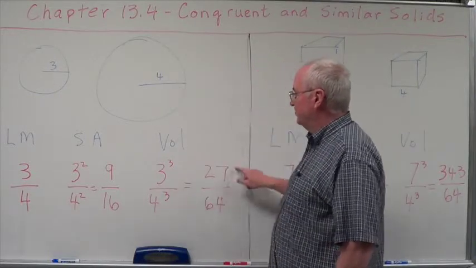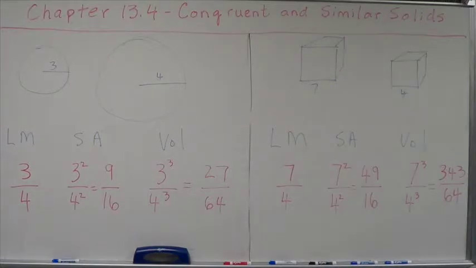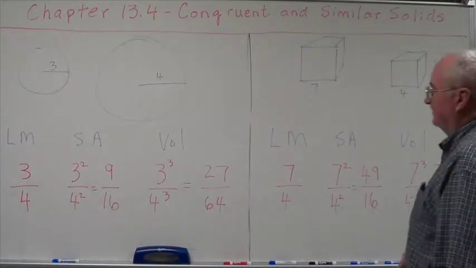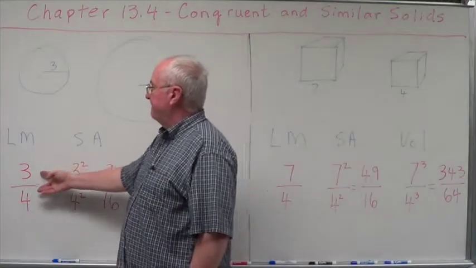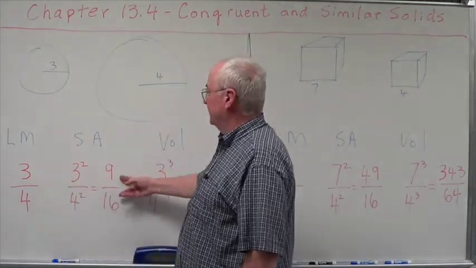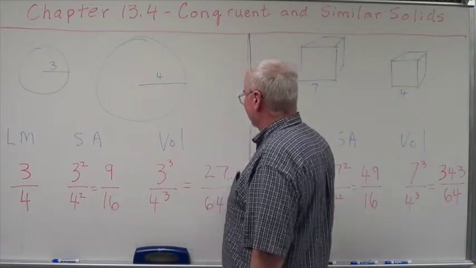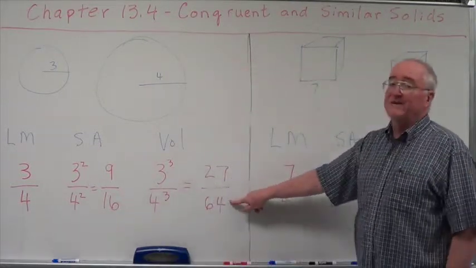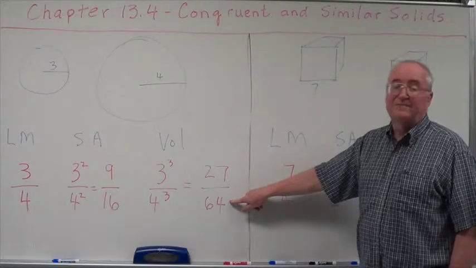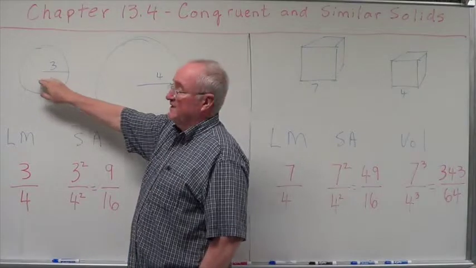We cube it: 27 to 64. This one, barely over 1. This one, almost 2 times the surface area. This one, more than twice the volume. This holds more than twice what this one will.